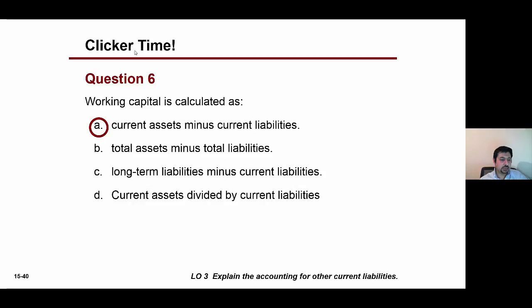The last one, current assets divided by current liabilities, is a ratio. If you remember, this was the current ratio.